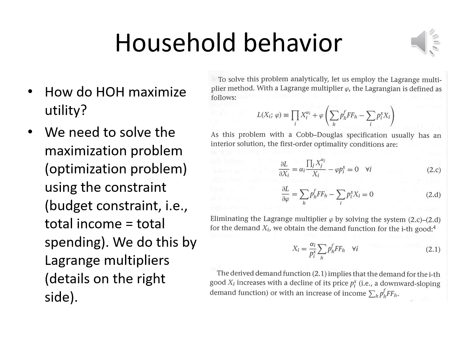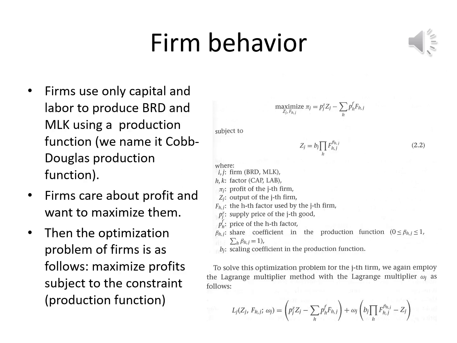In the next slide, let's look at the behavior of firms. The behavior of firms is very similar to behavior of households. I'm going to be repeating the same story here. Firms exist to make profits, so they want to maximize profits. Although we will have the perfect competition market here, perfect competition means profits are zero.